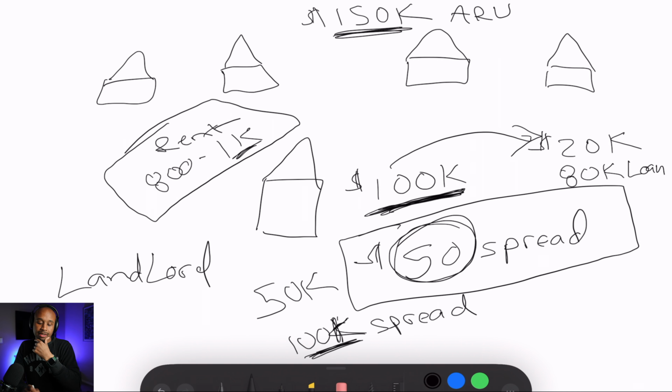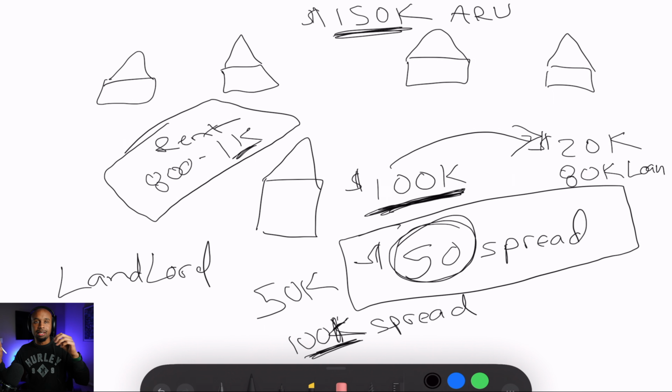But like I said, with these types of properties, you want to look for spreads of $100,000 at least, or $70,000 at least for my neighborhood, for my area, because in my area you can buy a house of 1,500 square feet for 300K, 250K. I live in a pretty big metro area.